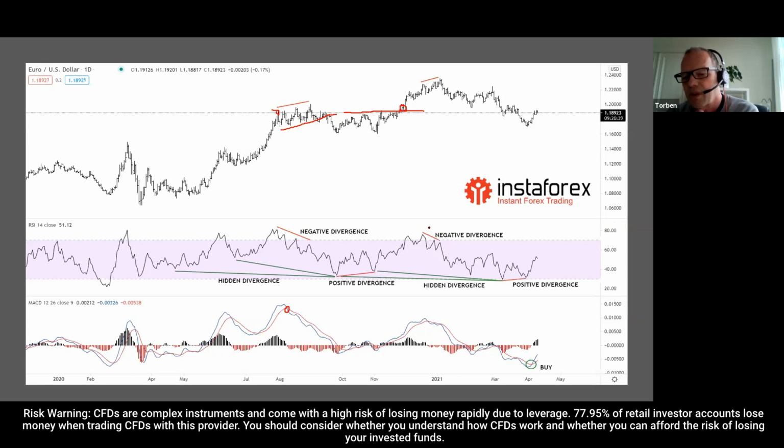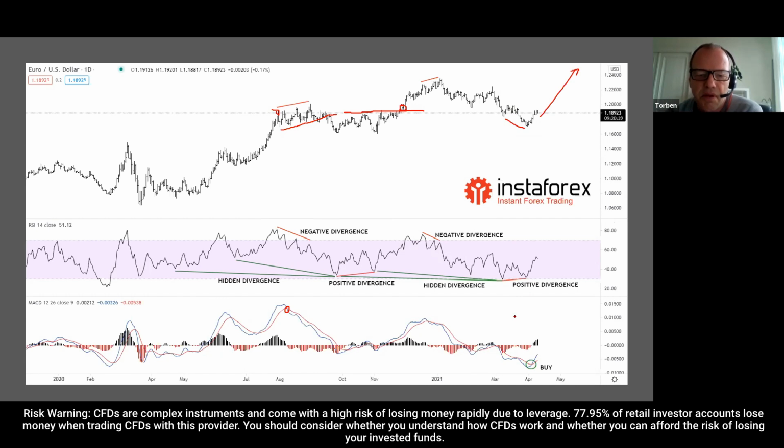Because looking at this one, you move down, it's complete here, but now you can see again you have hidden divergence as you had over here, and you have positive divergence between those two, together with the hidden divergence, indicating that this one ultimately will break to the upside and move higher, and you have the buy signal here again on the MACD.